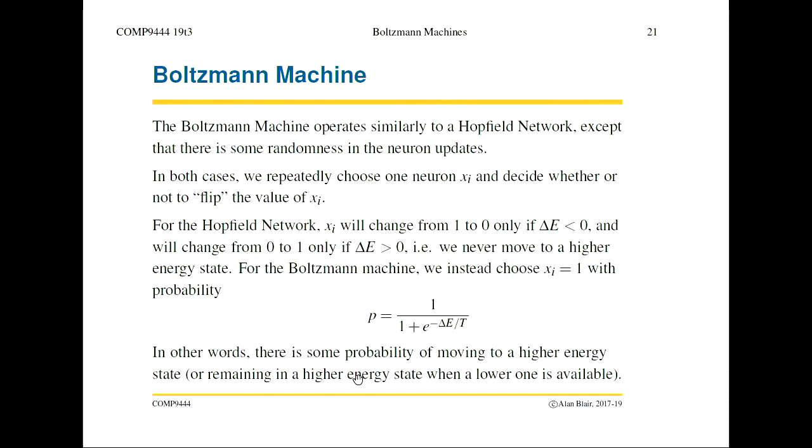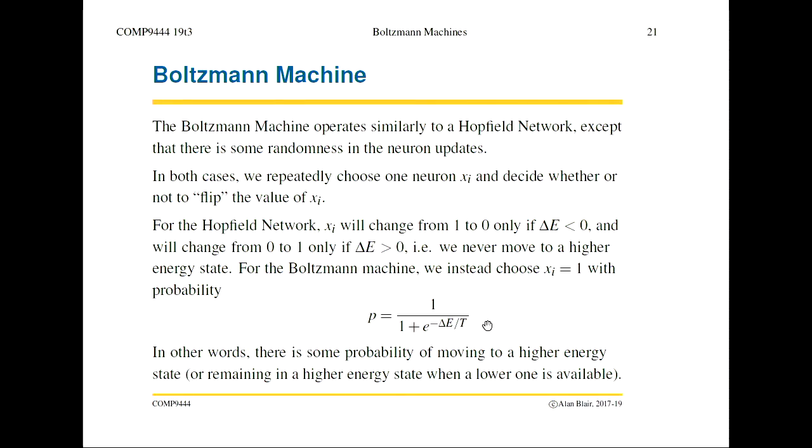So if delta E is 0, then e to the minus 0 is 1, so we get 1 over 1 plus 1, which is a half. So if the two states have the same energy, then with probability 1/2 we switch, because we don't care.